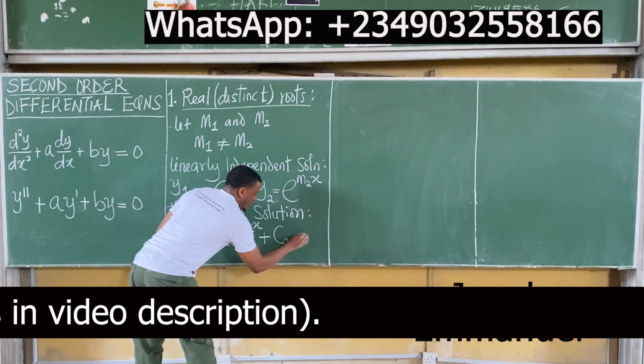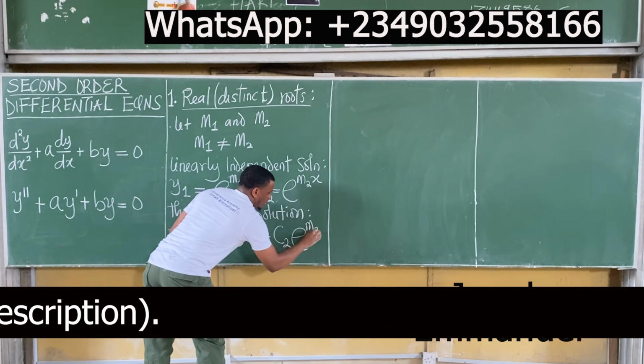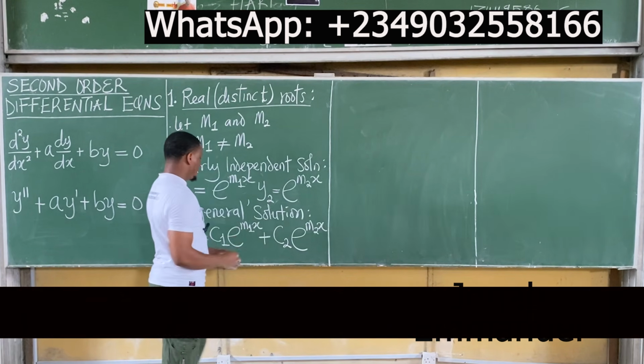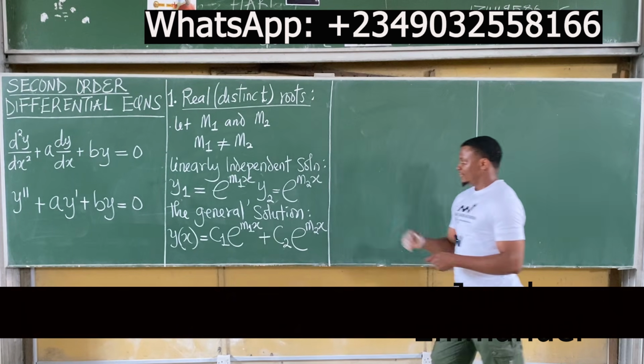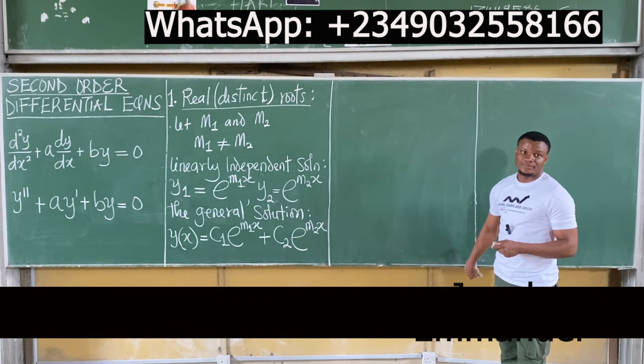What's y2? Exponential m2x. So this is what you have for the general solution.